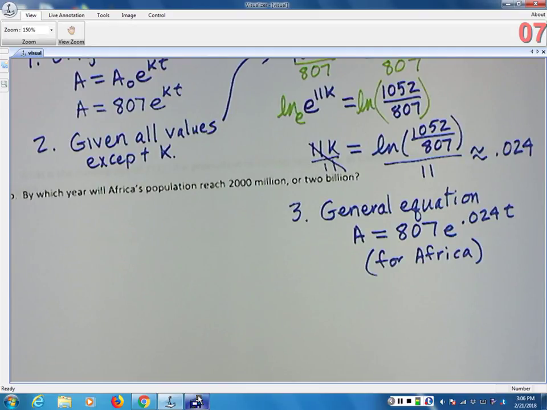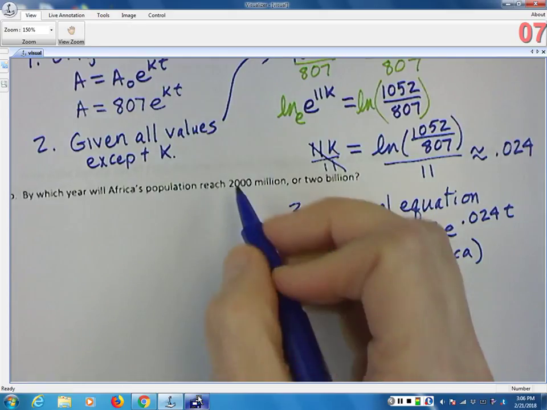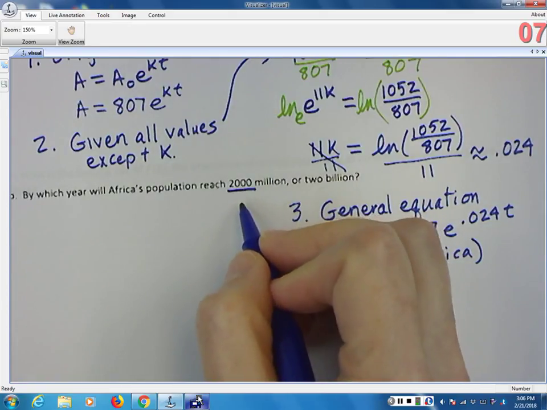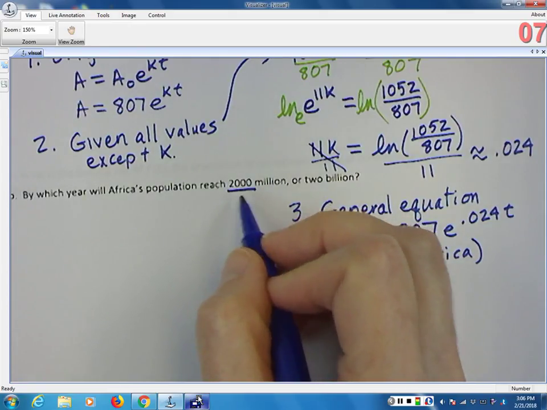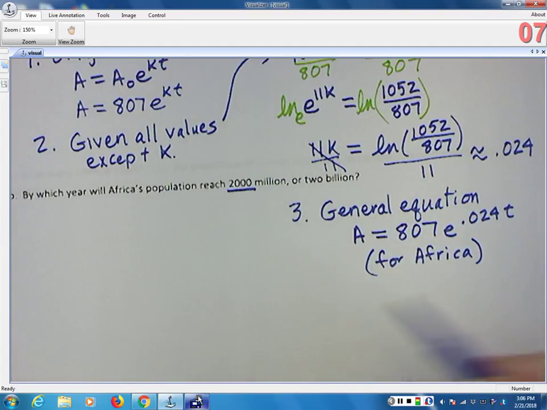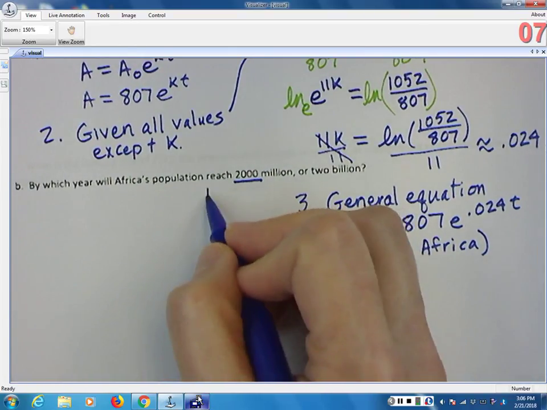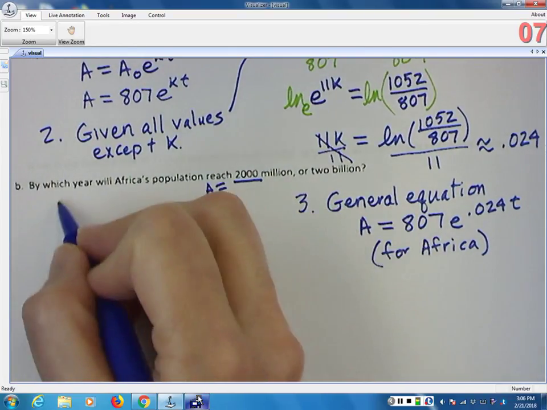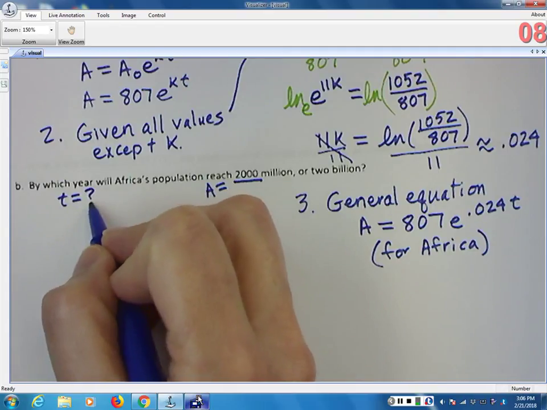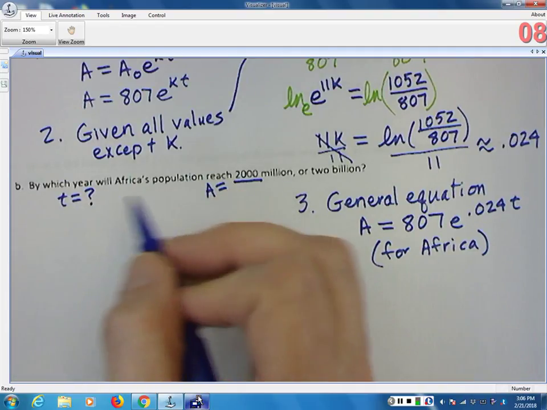So, in which year will Africa's population reach 2,000 million? We have to use 2,000 million because this equation was in millions. So that's why we got 2,000 million here. That's our A, and now we want a t. And then we convert that to a year.